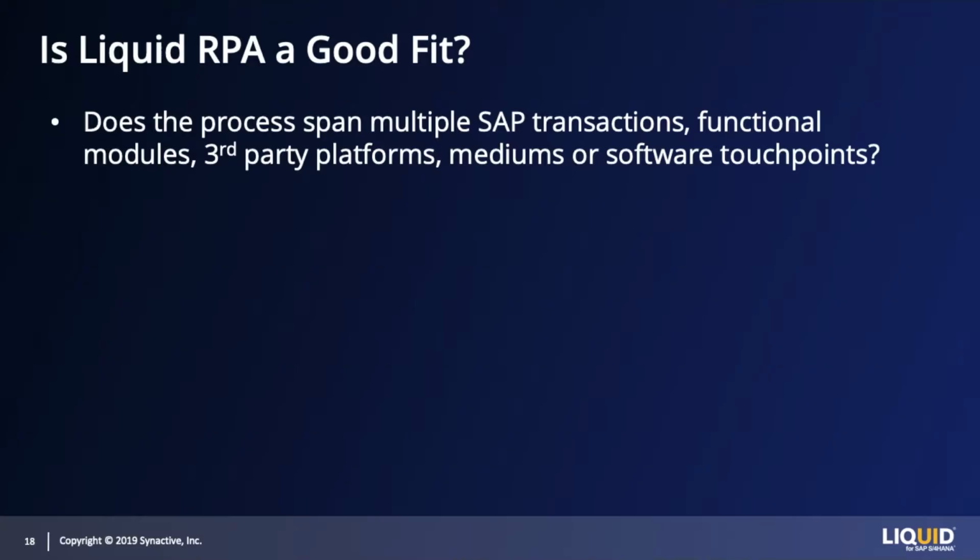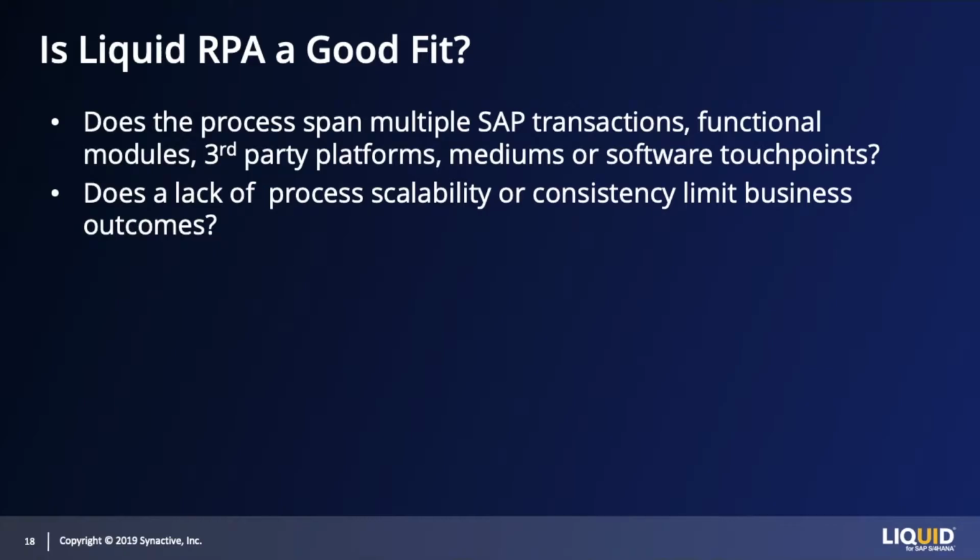It could be ones where you're finding yourself having to do a lot of data cleanup, where data entry processes need to be repeated in different systems. So call to mind that process and ask yourself, are people the glue that are holding this process together? And are the actions taken by people to hold this process together exclusively or majority low skill tasks, like copy paste tasks? If so, Liquid RPA can be a good fit.